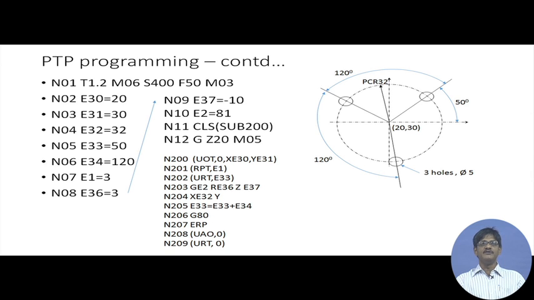After that, E1 reads the total number of operations to be executed, which is 3 in our case, and E36 is the small distance which will exist between the drill position and the plane of the workpiece top surface when the drill changes over from fast motion to feed motion.